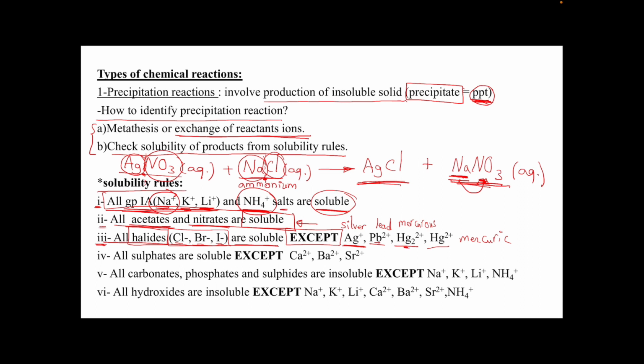Lead chloride, lead bromide, lead iodide are insoluble. Mercurous chloride, mercurous bromide, mercurous iodide are insoluble. And mercuric chloride, bromide, and iodide are insoluble.